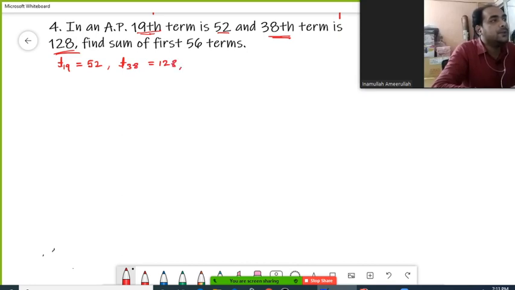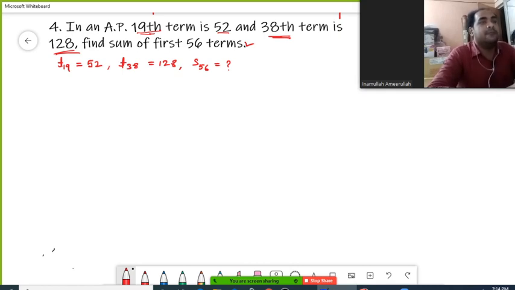Besides, we need to find the sum, that is S56. In order to find the sum of the first 56 terms of the arithmetic progression, we need the first term, common difference and number of terms. And that we can calculate with the help of the given information T19 and T38.